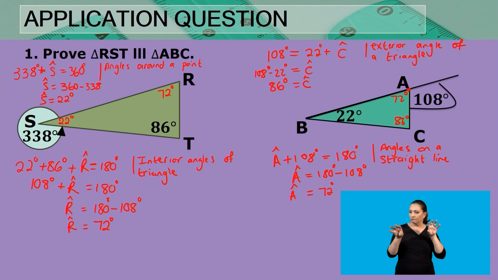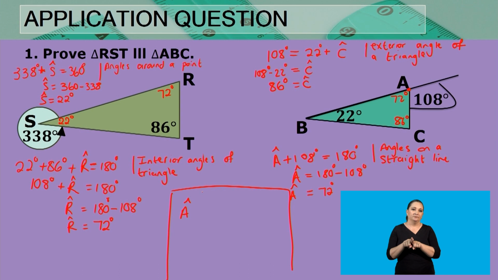Now looking at our two triangles, what can we see there? We can see that angle A is equal to angle R. We can see that angle S, which is the interior angle there in that triangle, is equal to angle B. Let's rather write it like this: angle B is equal to angle S. And we can see that angle C is equal to angle T. So what conclusion can we make about our two triangles?